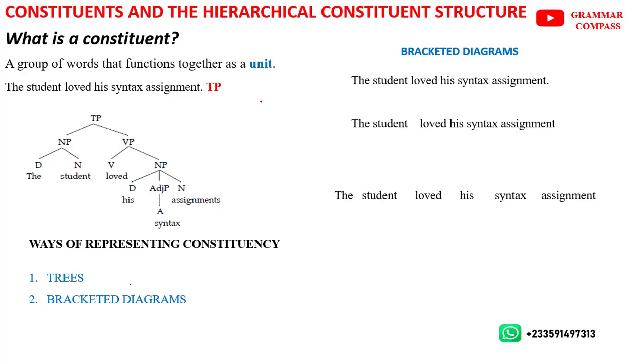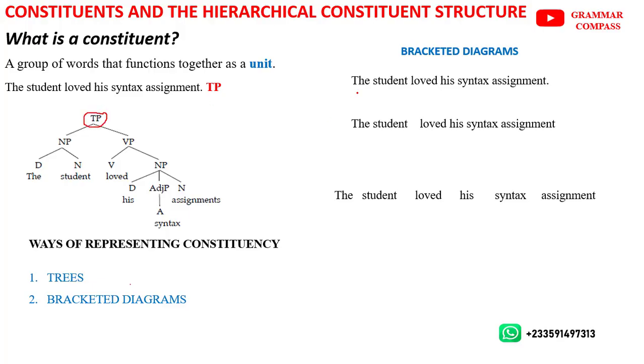Remember that we said that the tense phrase, that is the sentence, is a constituent on its own because the group of words that we see here is functioning as a sentence. Therefore, it is a constituent. How do we represent the tense phrase? Using bracketing.